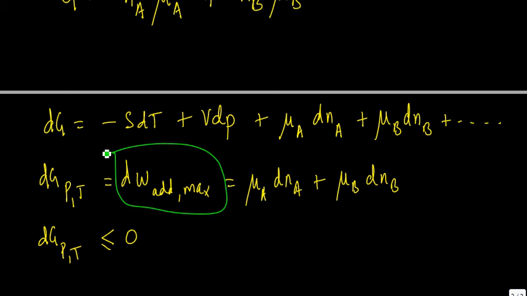That means the system must do some additional work. The system must be capable of doing some additional work, only then can I use this criterion. And that additional work would be mu A dNA plus mu B dNB plus whatever.